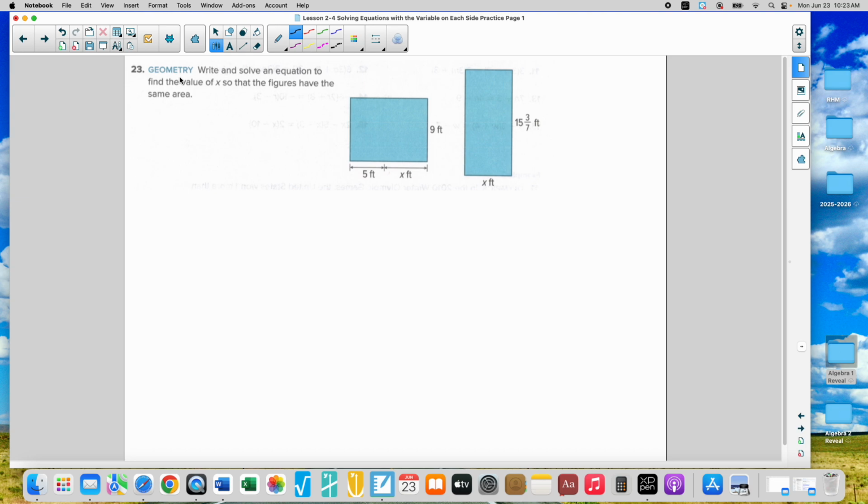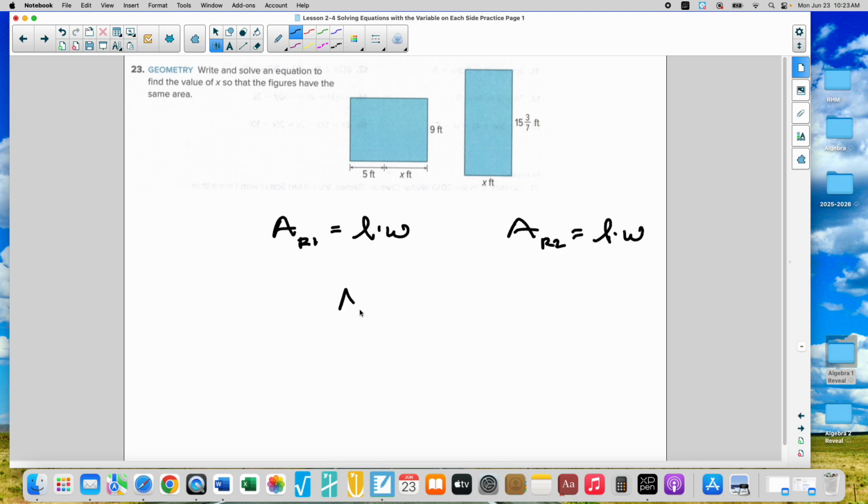Write and solve an equation to find the value of x so that the figures have the same area. So area again: the area of rectangle 1 is length times width, and the area of rectangle 2 is also length times width.